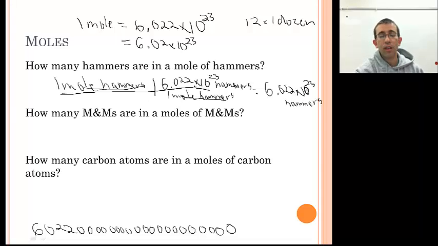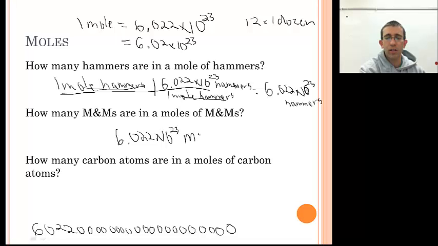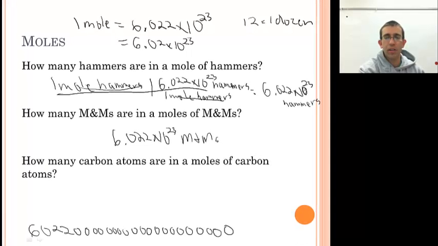How many M&Ms are in a mole of M&Ms? Well, once again, for every 1 mole, I would have 6.022 times 10 to the 23rd M&Ms. How many carbon atoms would be in a mole of carbon atoms?